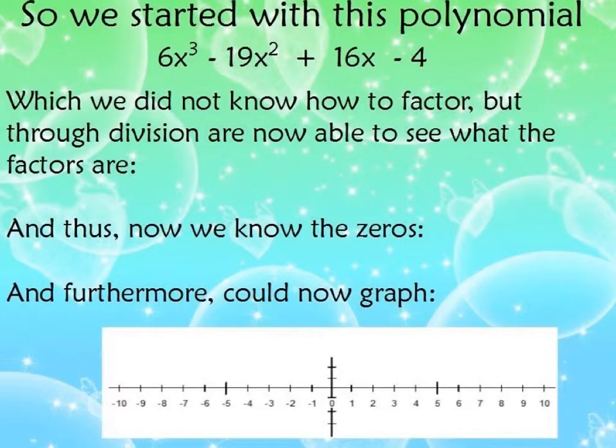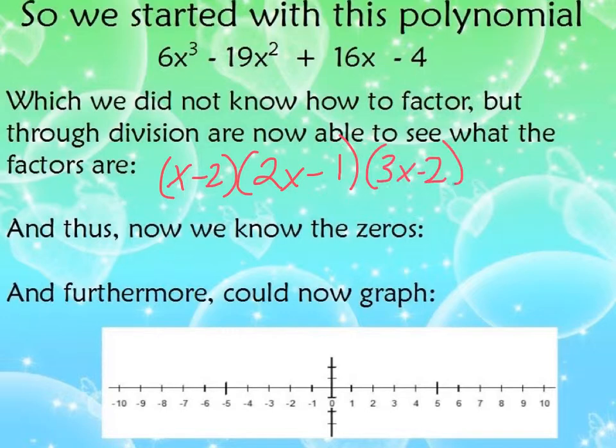All right, so what we did is we did the long division on it, and we found the factors a different way. So once we know what the factors are, which for this problem is x minus 2, 2x minus 1, and 3x minus 2.